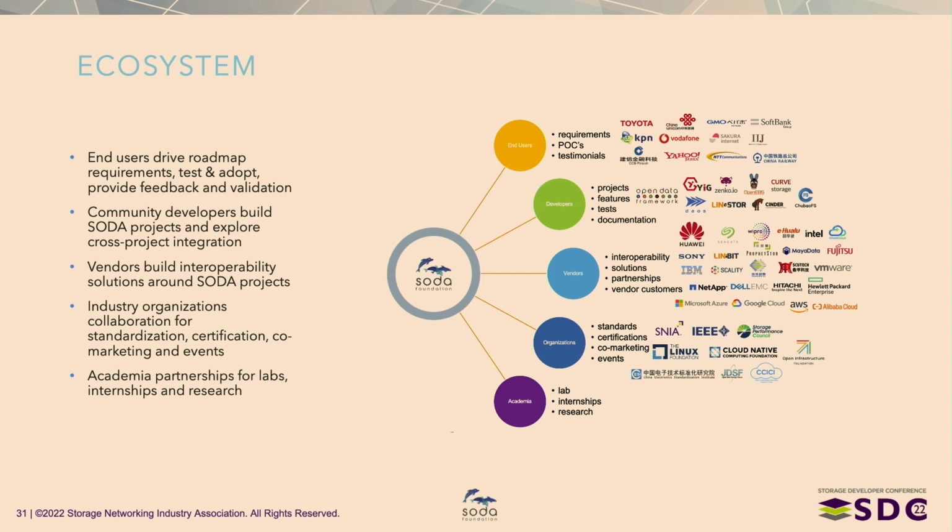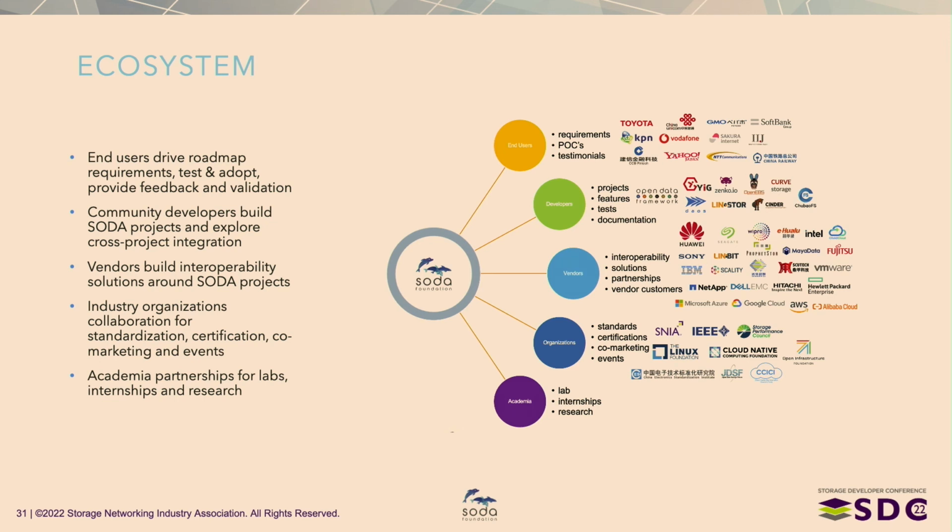And we also, of course, have a developer community that helps build the projects and write the code. And then we have vendors in the community. They build interoperability solutions that test various components around the projects. Of course, another key important component is other industrial organizations, for example, SNIA.